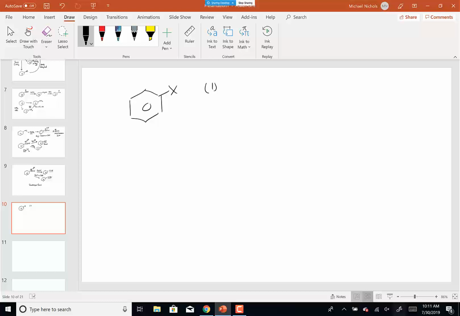That group's going to make the benzene react faster or slower. So in other words, that group's going to either increase or decrease the rate of reaction of the benzene ring in electrophilic aromatic substitution.